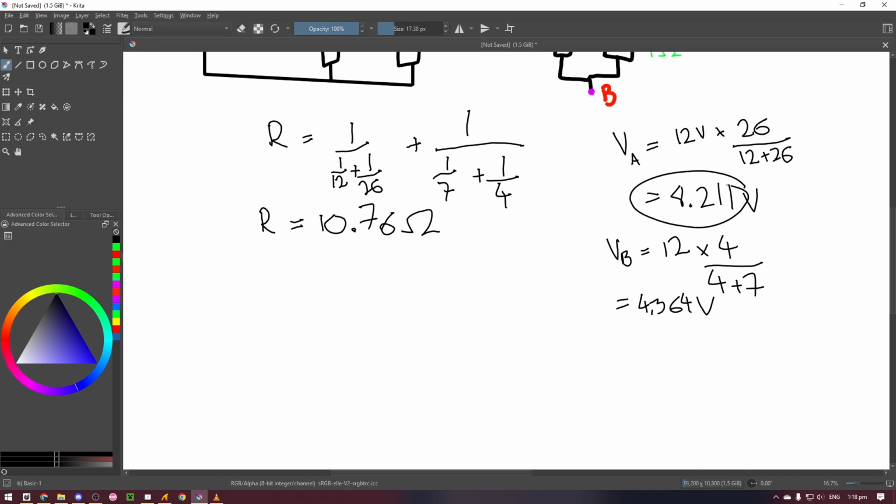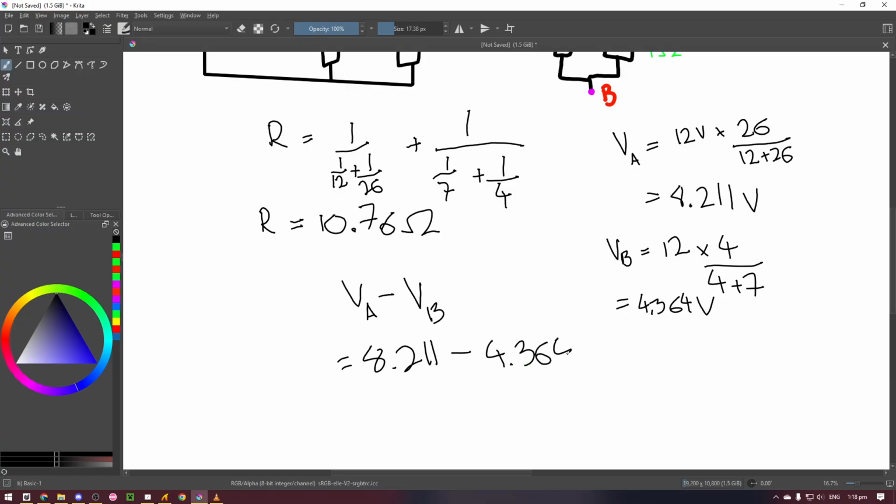Then we have VA, we have VB. We can find the difference, VA minus VB, which is 8.211 minus 4.364, which is 3.847 volts to 4 significant figures.